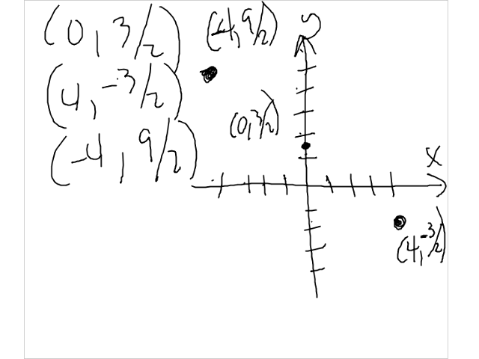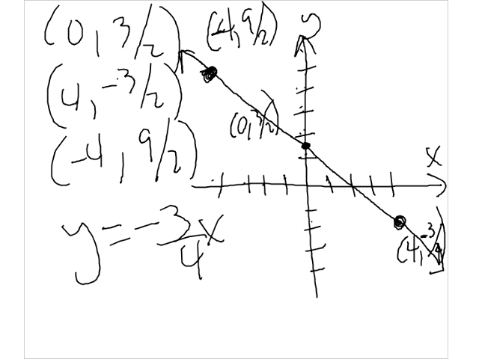Remember, 9 halves is 4 1/2. So 1, 2, 3, 4. Okay. So then draw a line through with arrowheads, and that would be the graph of y is equal to minus 3/4 x plus 3 halves.